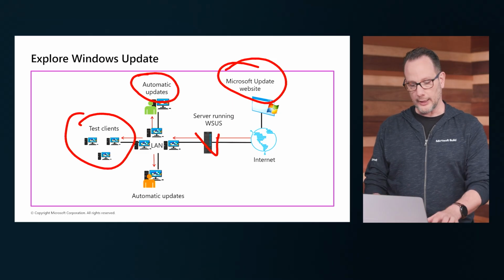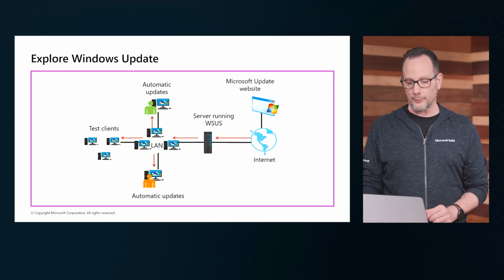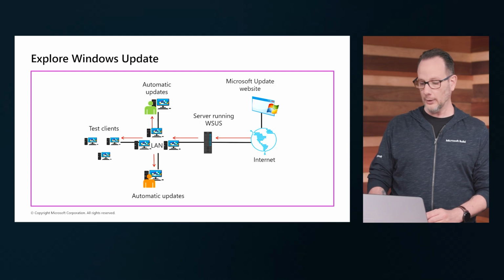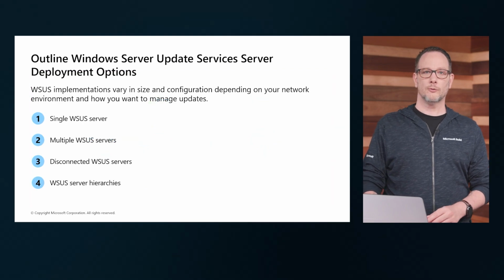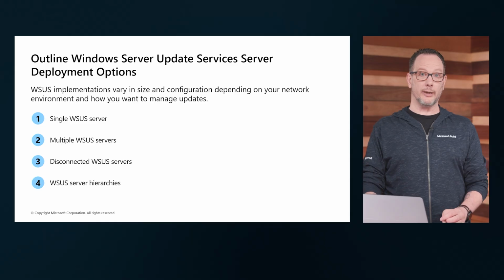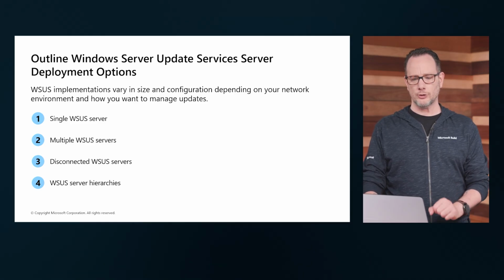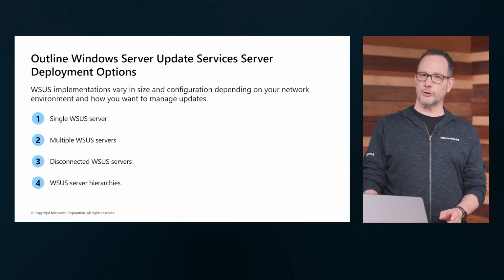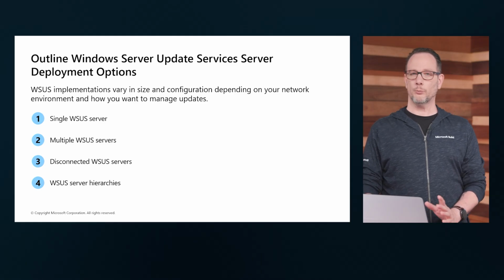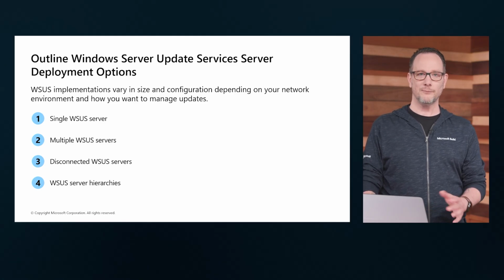You can deploy it as a single server, like in this example, but it's more like a topology diagram. Nothing blocks you from load balancing it, but also making it more highly available. So that's a bit what you see here. Single WSUS: it's always good to have one, but it's always better to have more than one.